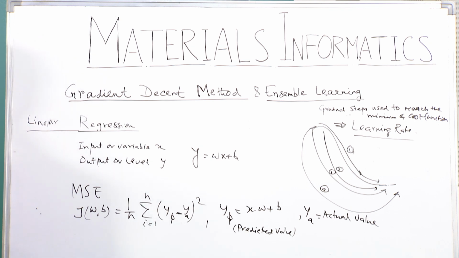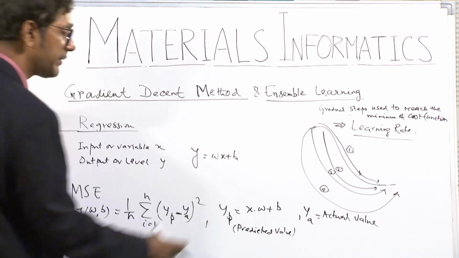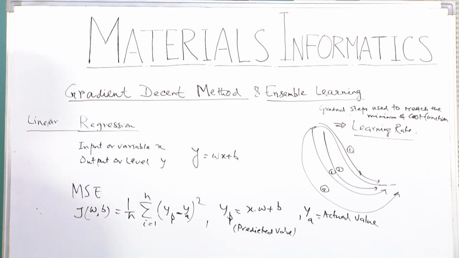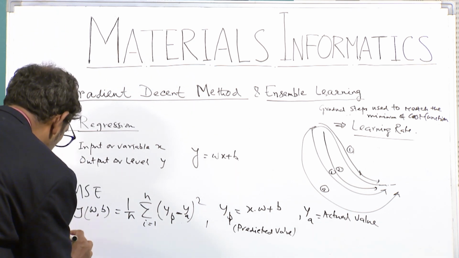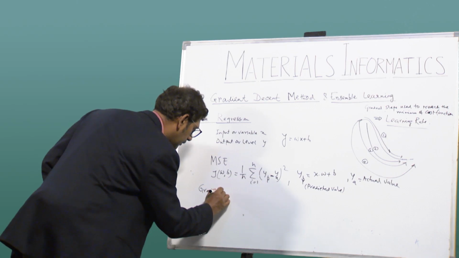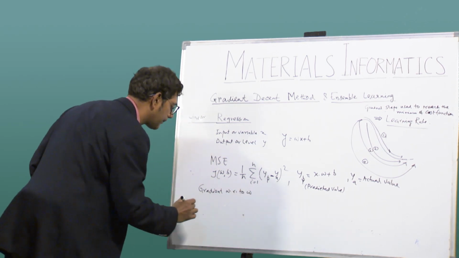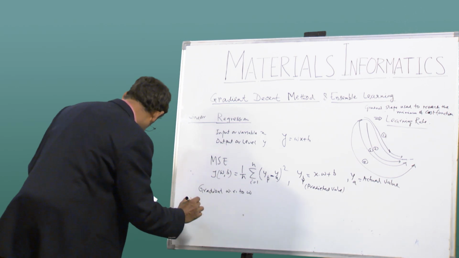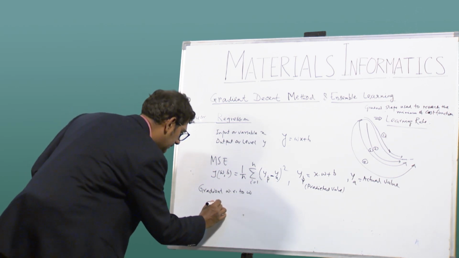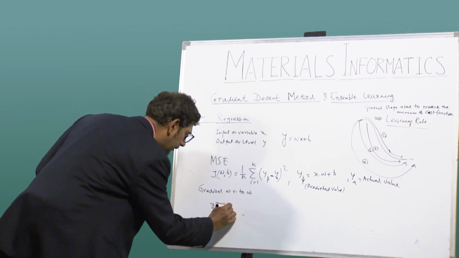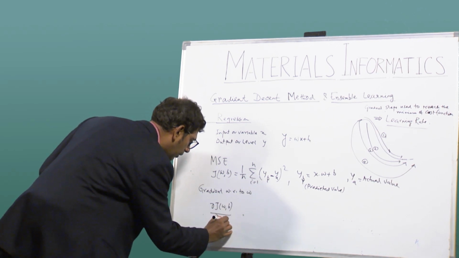Now the question is: if you want to optimize this model, you have to optimize the model parameters w and b. To optimize the parameters, you can always calculate the gradient. The gradient with respect to w is what? We can always write down del J(w,b) divided by del w.